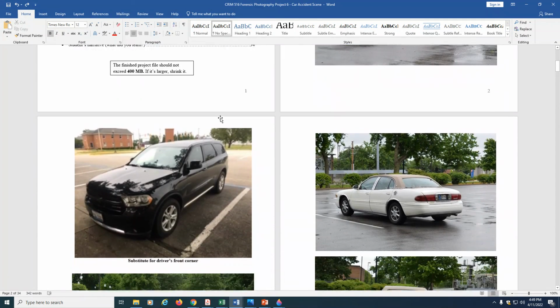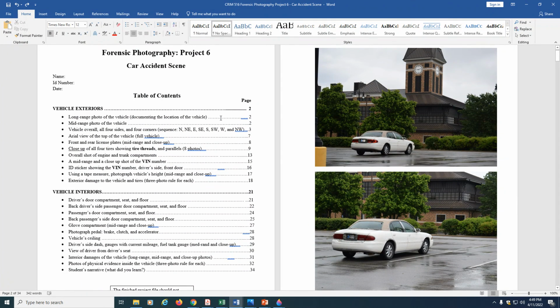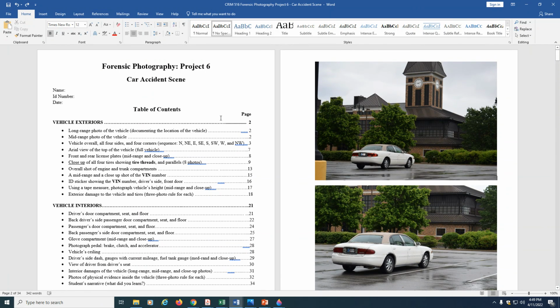It was a place where I tried not to grade too hard, but there were some that needed a lot of work. It was definitely confusing to try to make sense of the pictures and the documents that you had. So that's all I have for this lecture, or discussion, of the car accident scene and vehicle photography.